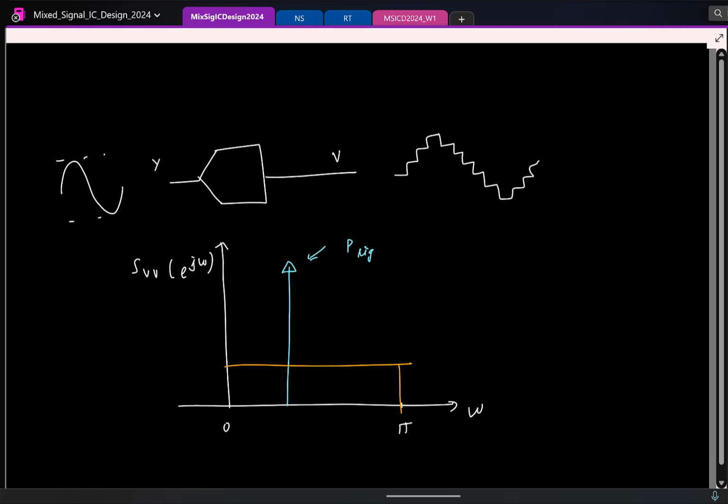That you can do by integrating the power spectral density, and then subtract the signal power from it, and that will give the quantization noise, right? So this is signal power. I'll say PQ will be the total power, and that will give you the quantization noise power, and then happily ever after it's done, right?